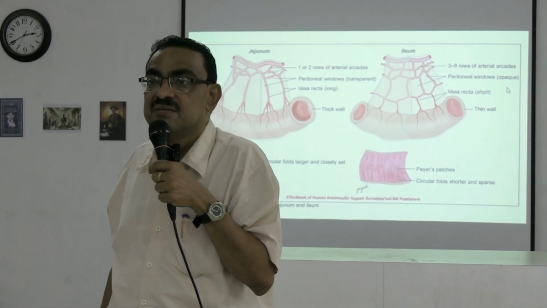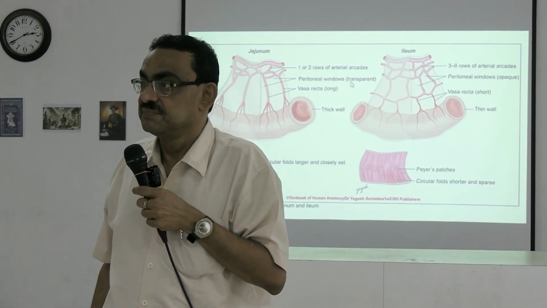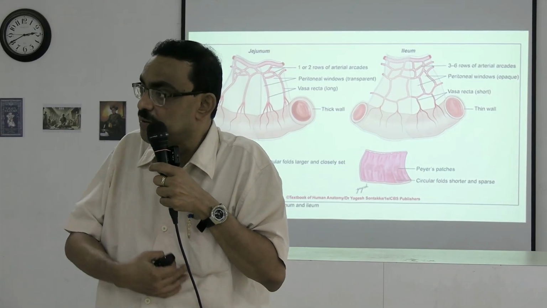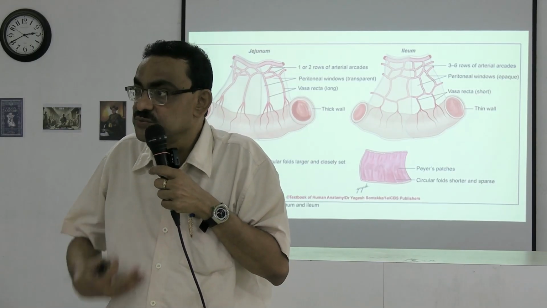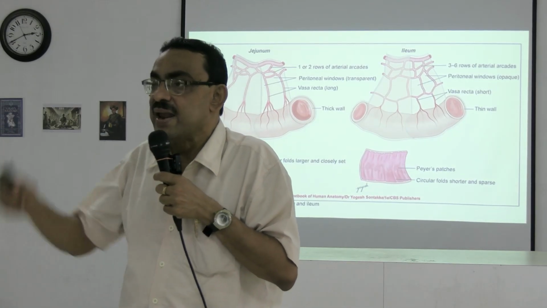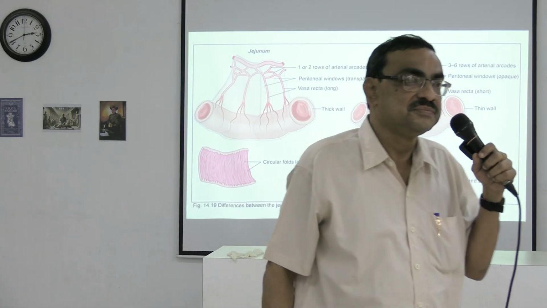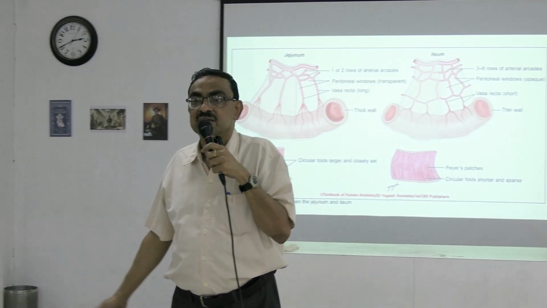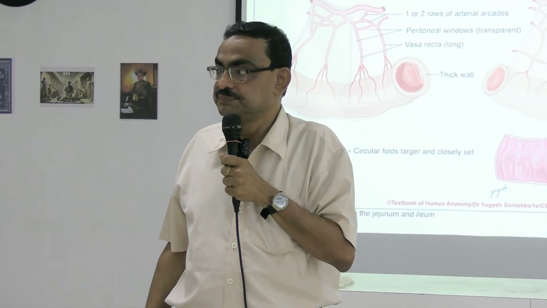So there is a peritoneal window, but we cannot see it very clearly, because the deposition of the fat starts from the jejunum and increases as we go distally. So the peritoneal window we can find in the jejunal end, and in the ileal end we will not see the peritoneal window clearly.